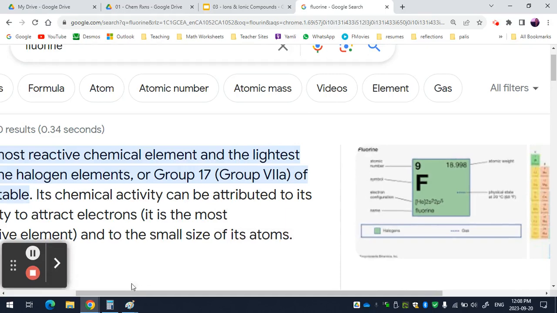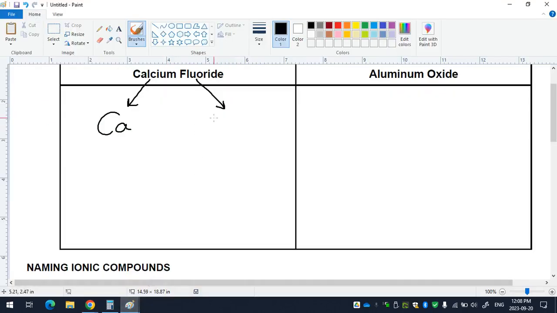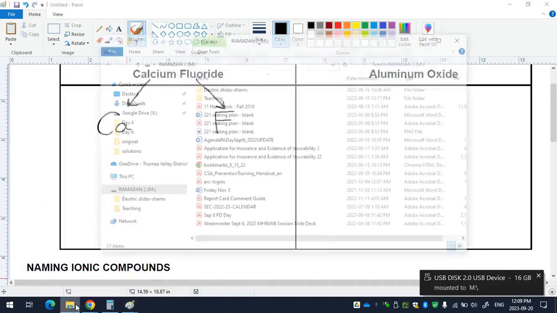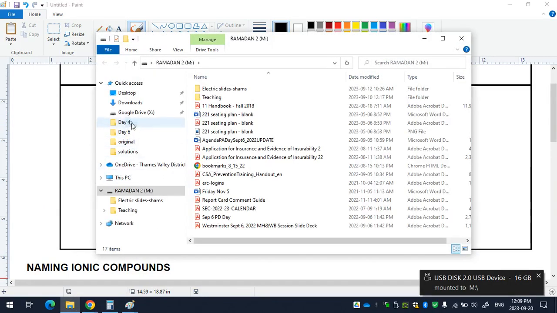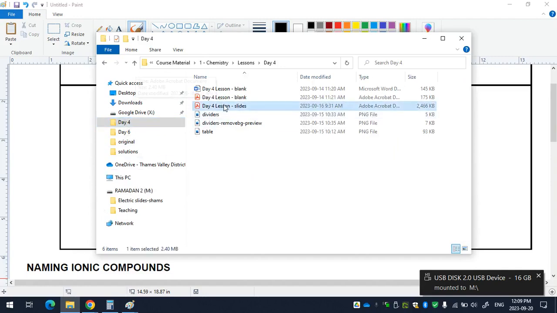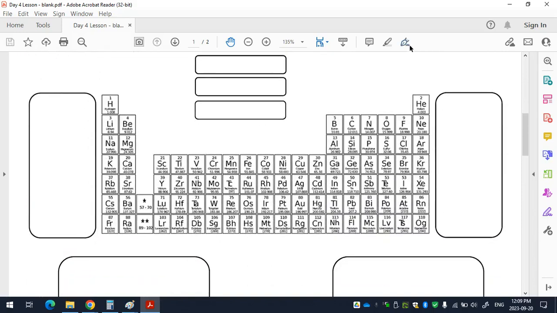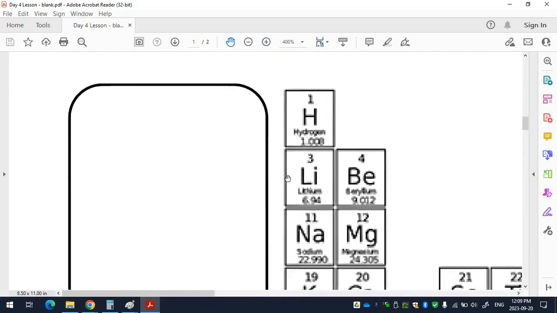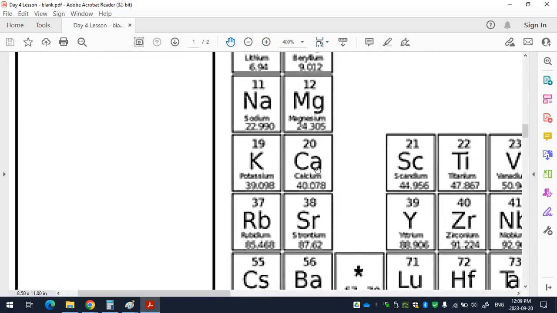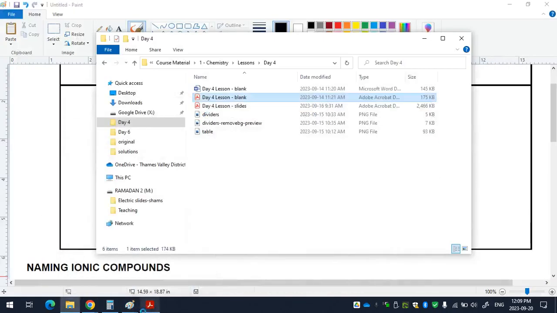So fluorine, what's the symbol? F. What's the number for calcium? 20. Okay, 20. So what does this mean?